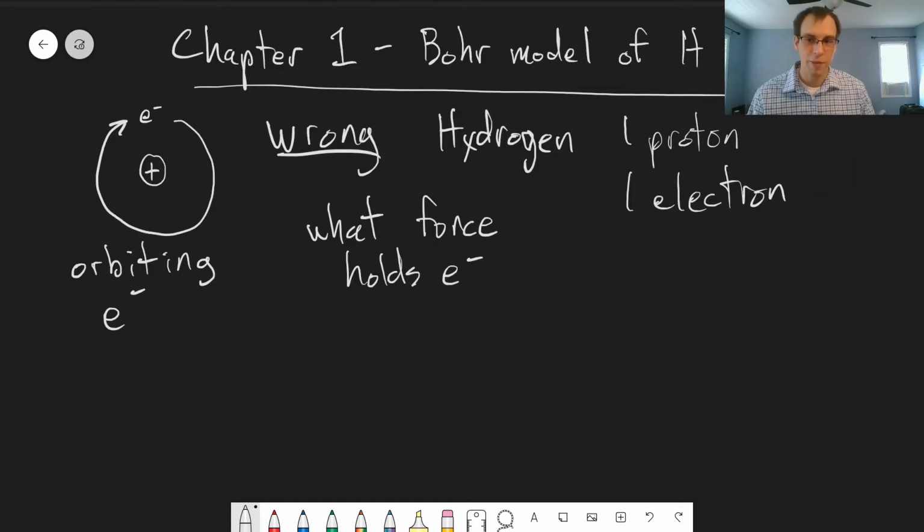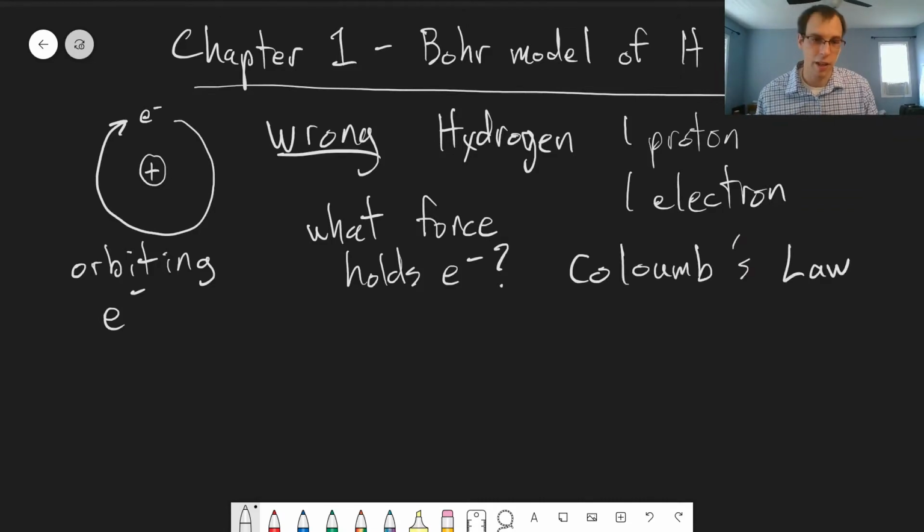Well, the fact that we have a negative charge and a positive charge means that it's the Coulomb attraction. This electron and proton attract each other, known as the Coulombic attraction. The Coulombic force has a law that describes it, described in Maxwell's equations in classical mechanics.